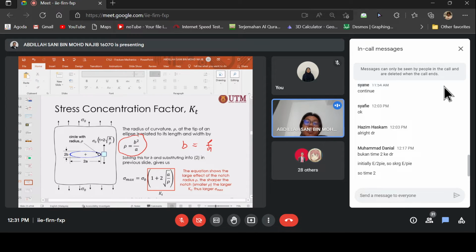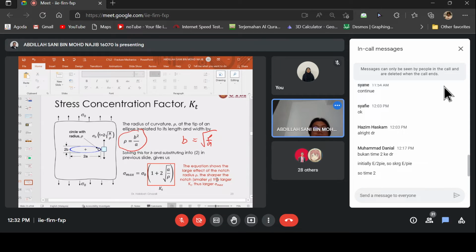It is not simply because we are happy to do so, we just want to demonstrate that the sharper the notch, meaning the smaller the rho, the larger the stress concentration factor Kt, and thus sigma max also becomes larger. When rho is small and you further root it, it is extremely small, and it is the denominator.